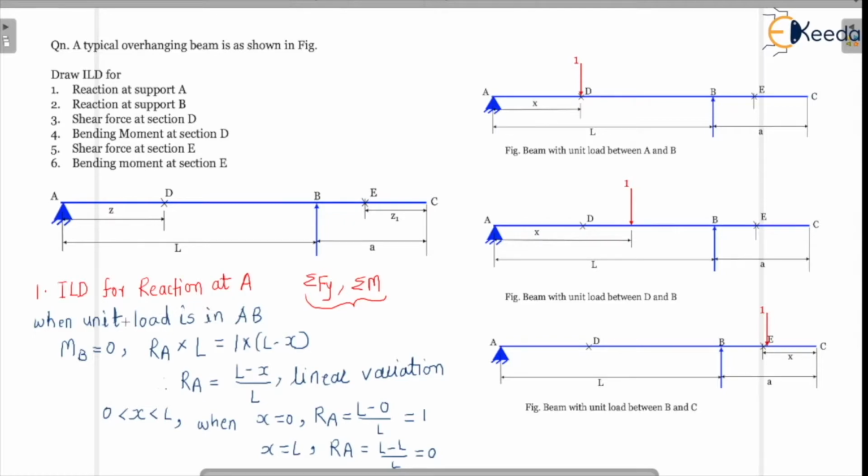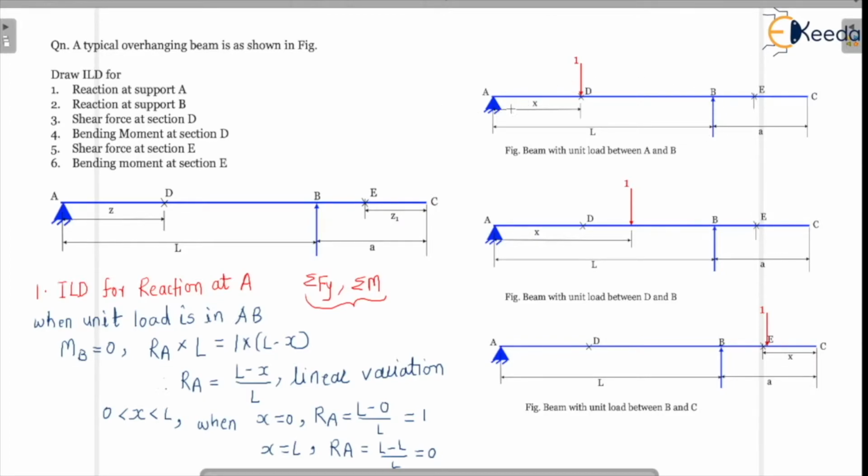While attempting to solve all these six answers, we will be considering these three cases. Most of the time we will be considering case number 1 and case number 3, and case number 2 will be for shear force and bending moment most of the time. So what are these cases?